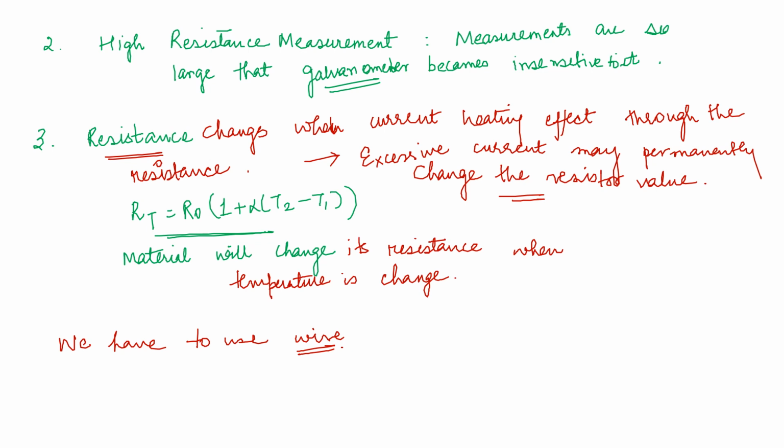So we have to design it so that we can use it over a longer period with less current heating effect, and with a galvanometer which can show deflections in current when high resistance measurements are made. In case of low resistance measurement, our wires and circuit should not have higher resistance, or we must use something with equivalent to zero resistance so that such limitations cannot arise. Hope you understood this topic well.